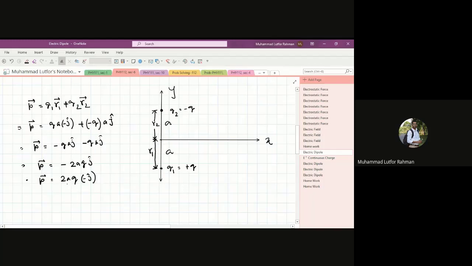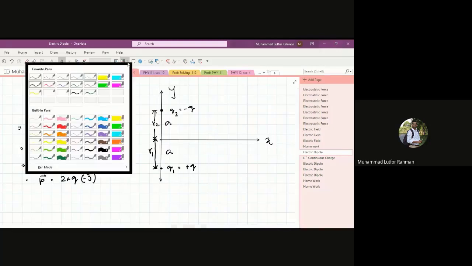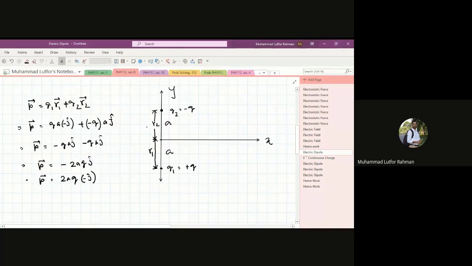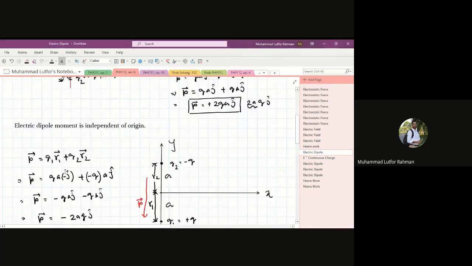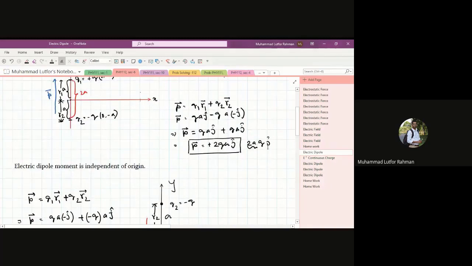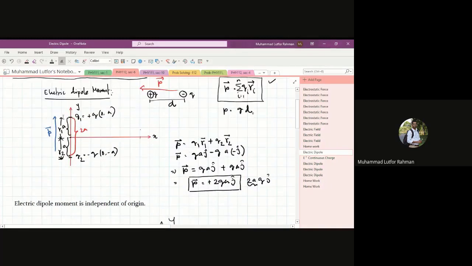So this is actually the electric dipole. Minus J hat is basically indicating the direction of the electric dipole. So minus J hat means it should be towards that direction. But the magnitude remains the same, twice A Q. That thing we also found over here, twice A Q, but it was from the negative to the positive charge.